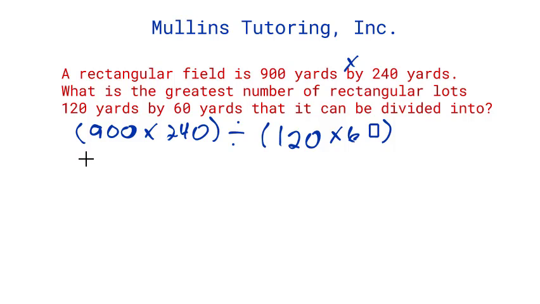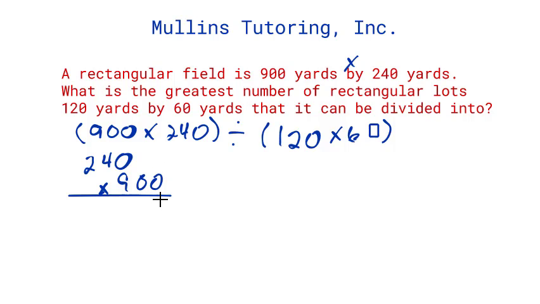I'm going to take 240. I'm going to multiply by 900. Now instead of putting the 9 right under the 2, I'm actually going to put it under the 0. Put the 2 zeros here instead of having rows of zeros.